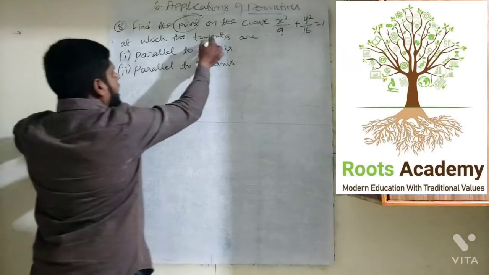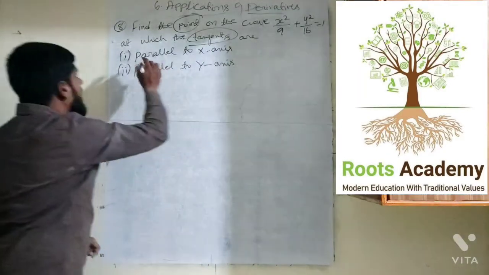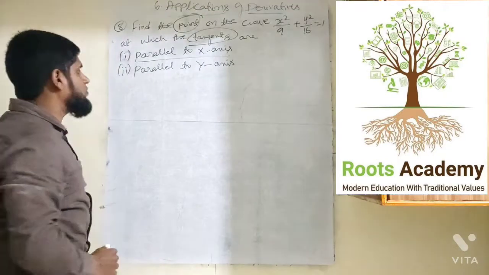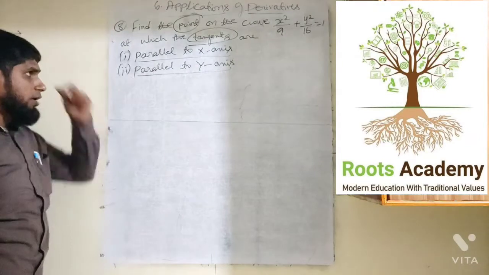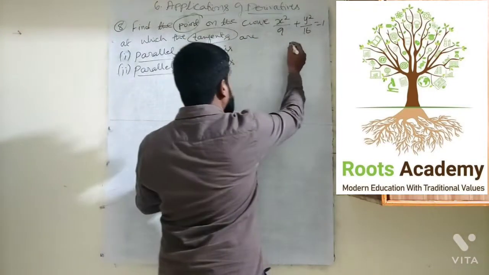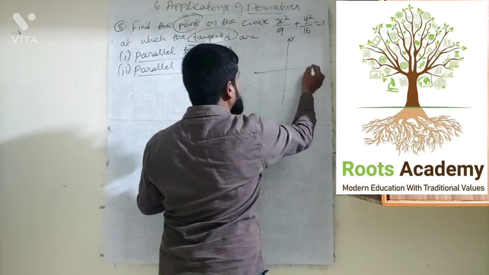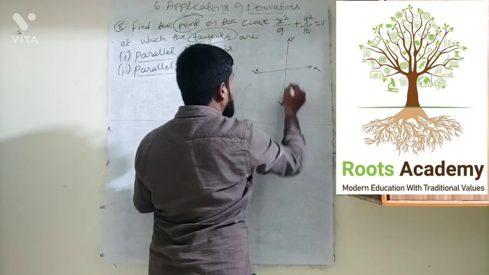At which its tangents are parallel to the x-axis is the first condition. Then one more condition is parallel to the y-axis. So suppose I draw the curve: this is our y-axis, this is our x-axis, negative x, negative y.